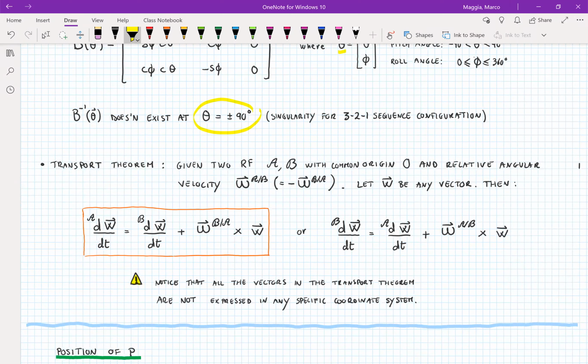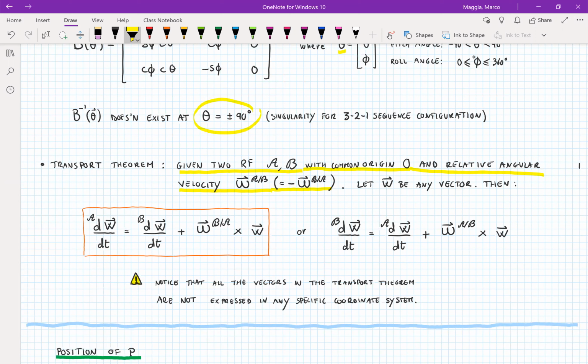So anyway, the transport theorem states that given two reference frames A and B with common origin O, and with the relative angular velocity omega A/B, which happens to be equal to minus omega B/A, and you can think about it.